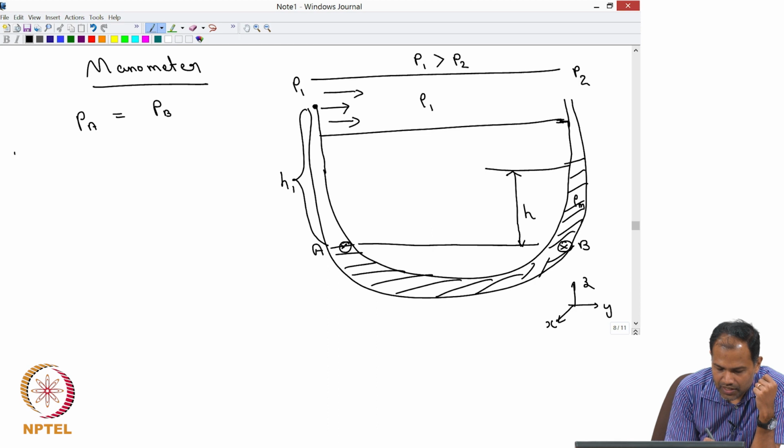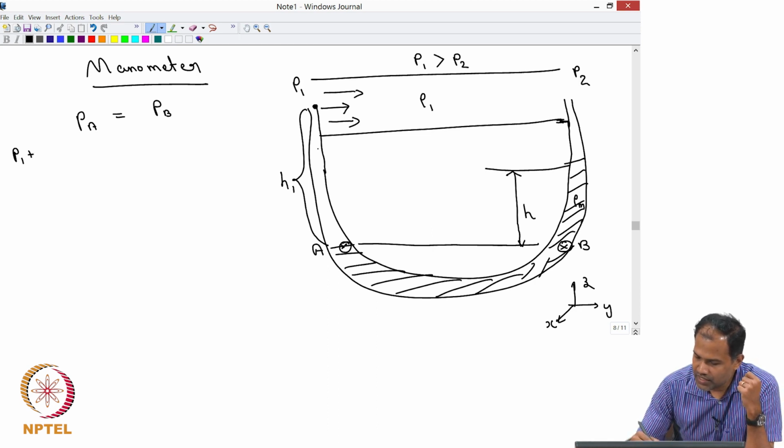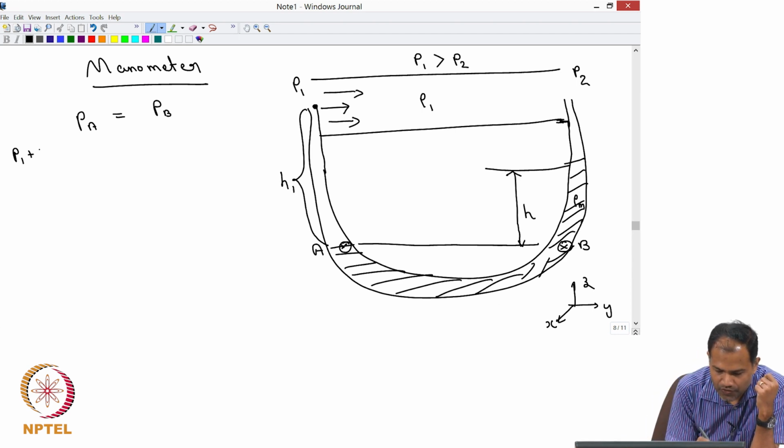So, P A is nothing but P 1 plus the fluid that is in this part of the manometer, which is still that of density rho 1, times G times H 1.